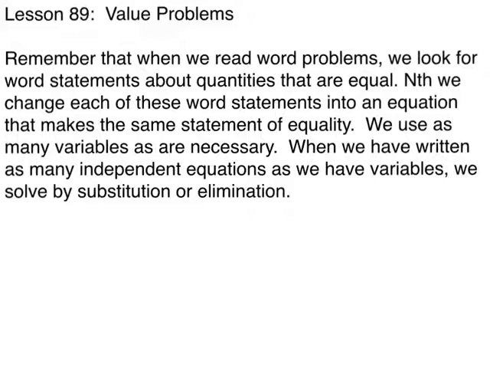In a system of equations, and in these word problems, you're probably going to need two equations and either use substitution or elimination. So when we have written as many independent equations as we have variables, we solve by either substitution or elimination.